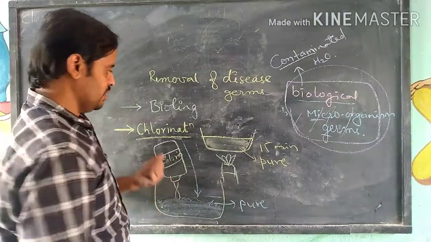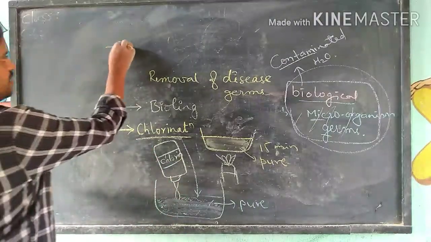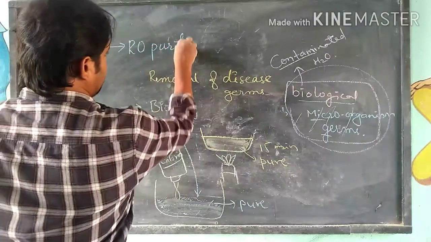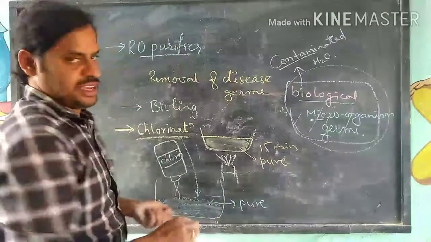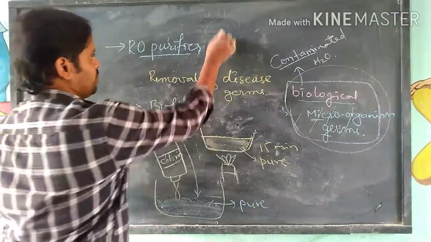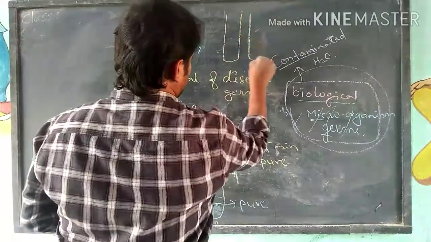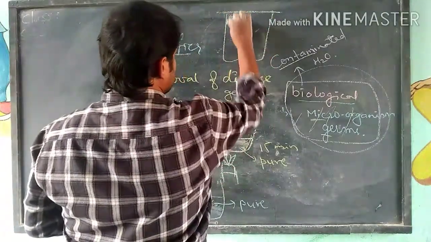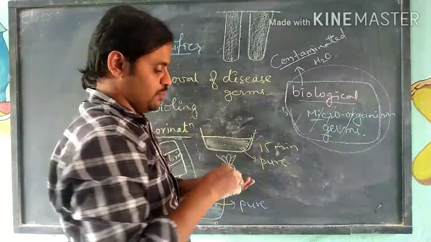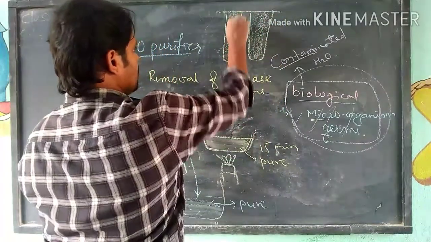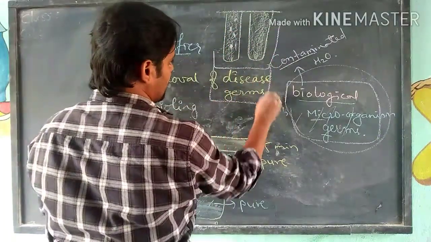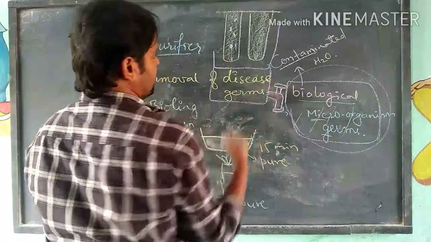Adding chlorine is the second method. And the third method is using RO purifiers. What do you mean by RO purifier? Reverse osmosis purifier, meaning a water purifier in which they have filaments. These filaments stop the entry of microbes into the drinking water, so that pure water comes down, which we collect from the tap arranged here.